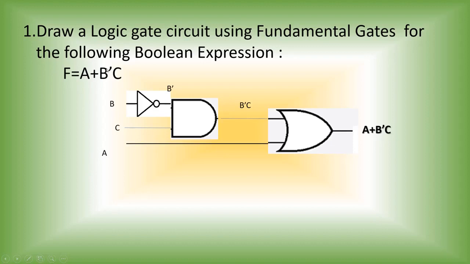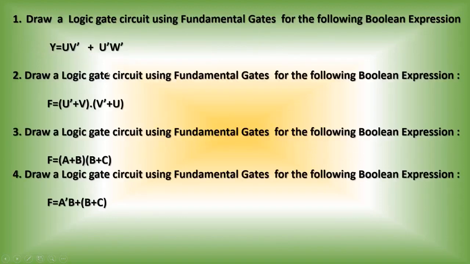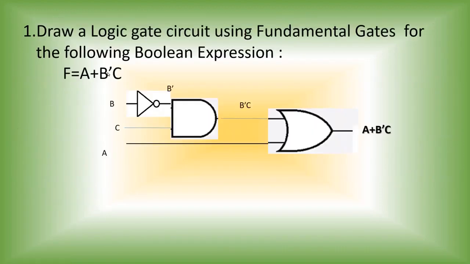See, the first thing you have to do is generate B complement. Complement means the negation operation. Negation operation is done by using a NOT gate. Then I just draw a NOT gate here, and B is the input for the NOT gate and the output of this NOT gate is B complement.